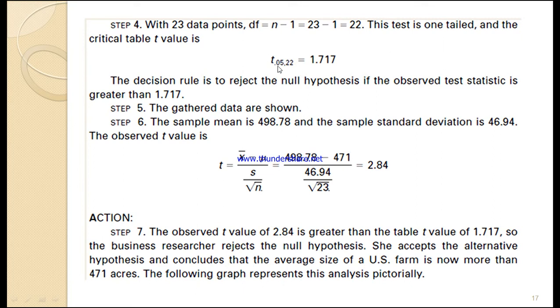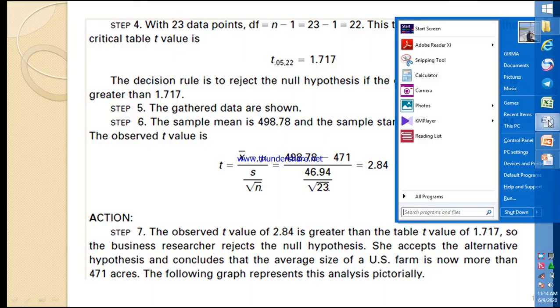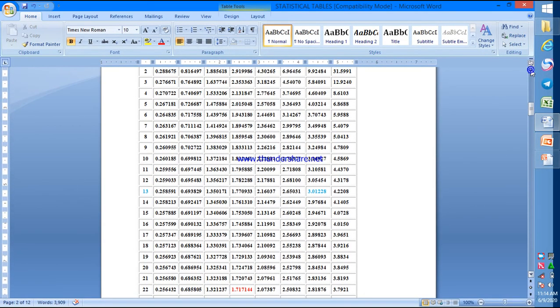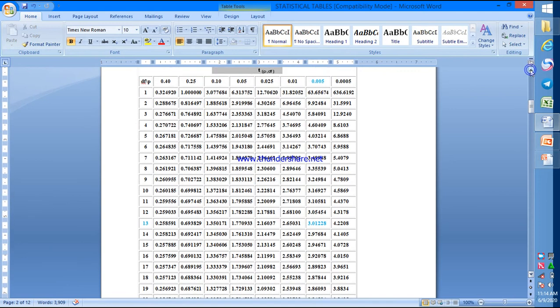In order to find the critical value or table t-value, we need to have t-distribution, and we look at t-distribution by using level of significance and the degree of freedom. In our case, degree of freedom is 22, level of significance is 0.05. Let us look at this figure or table value of t statistic.